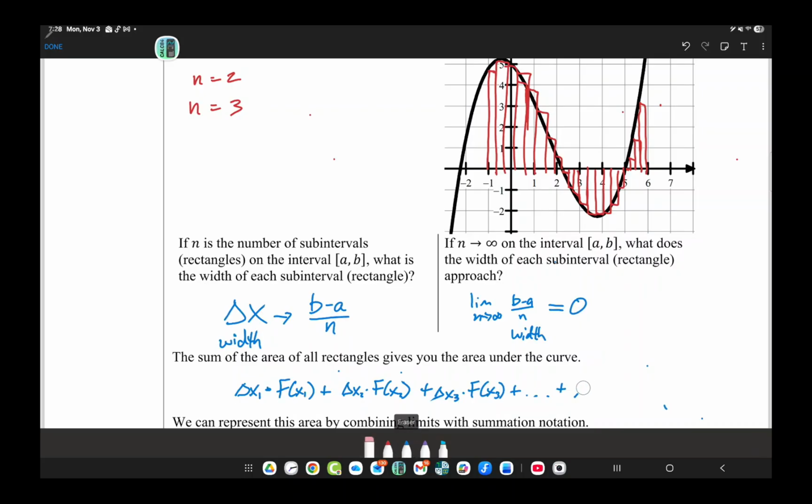Oh, forgot delta. Delta x sub n times f of x sub n. Again, this is the area of rectangle 1, rectangle 2, where this is our width, and this is our height.